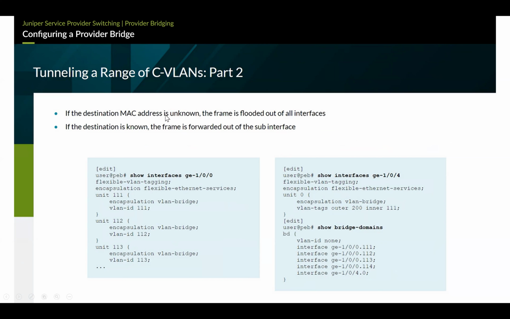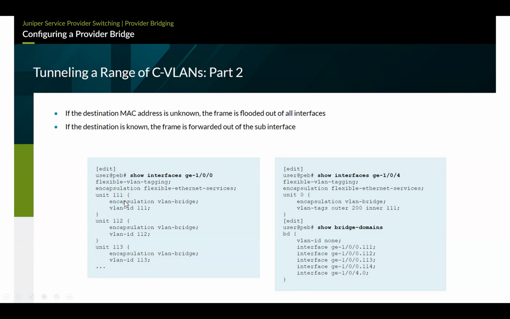If the destination MAC address is unknown, the frame is flooded out all interfaces, the normal scenario. For the PB encapsulation, VLAN bridge 1/0 is configured for VLAN ID 111, VLAN ID 112, and VLAN ID 113.